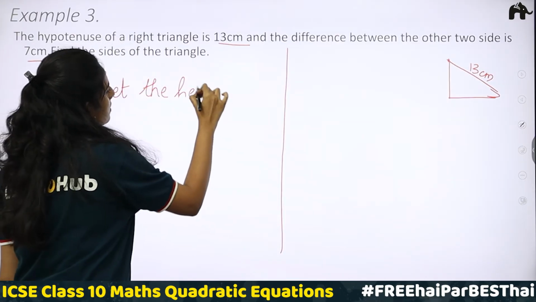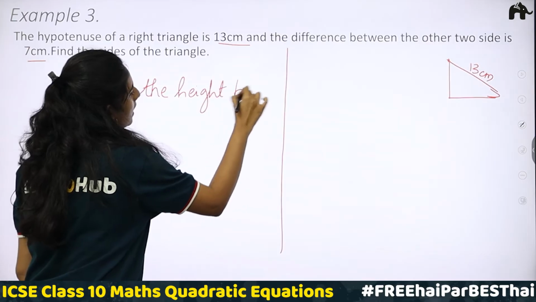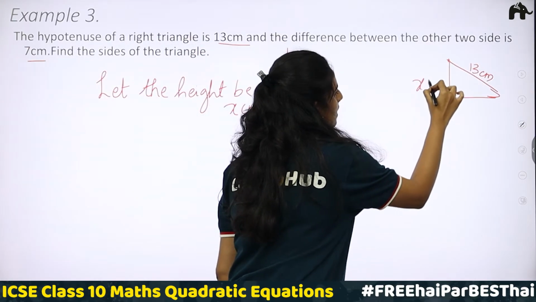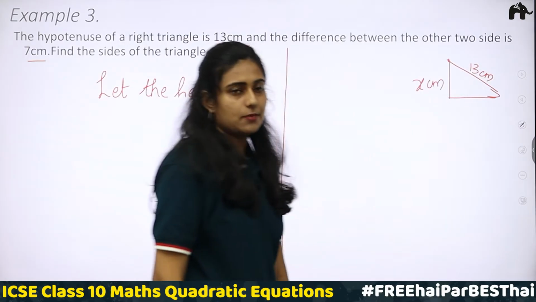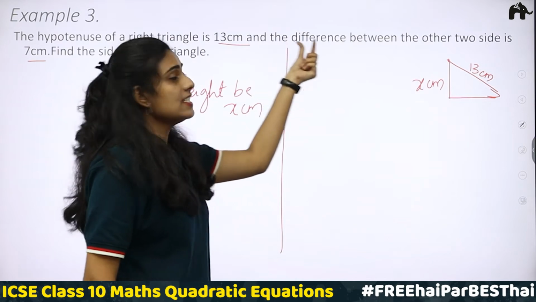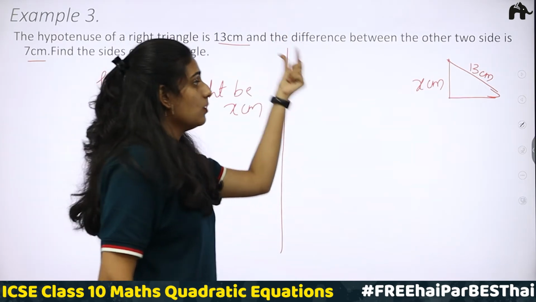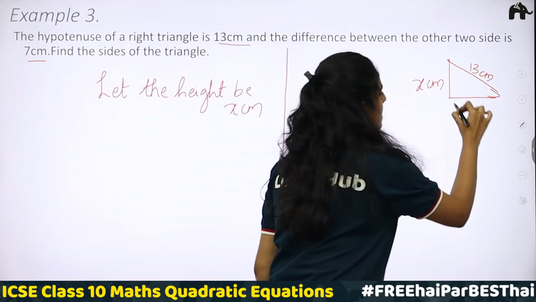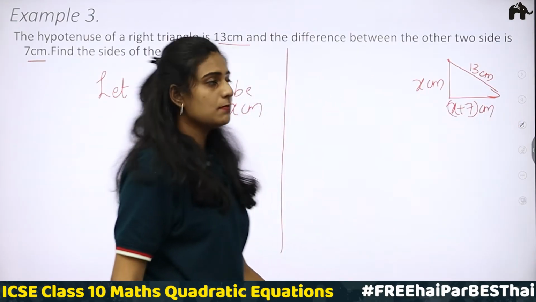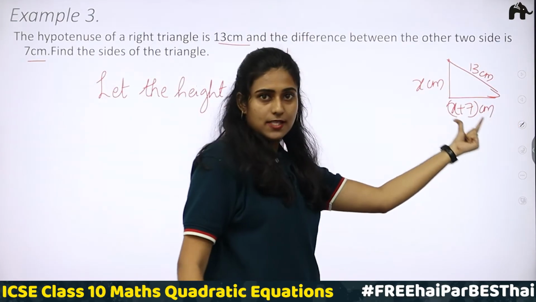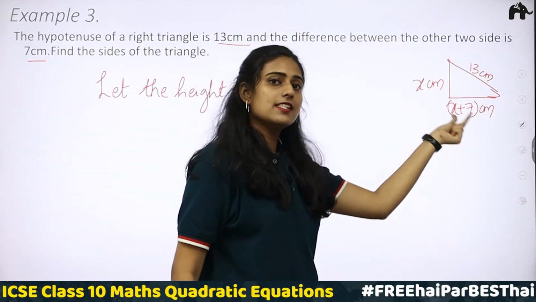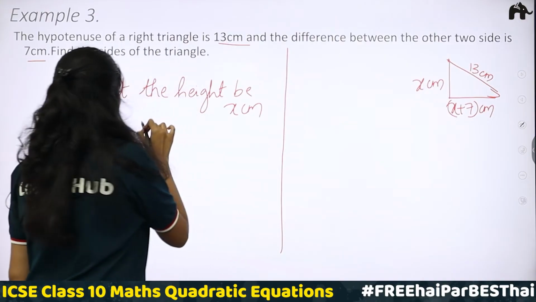Let the height be x centimeter. Okay, this is the height and I am taking height x centimeter. Now, if height is x centimeter, the difference is given 7 centimeter, which means I can take the base as x plus 7 centimeter. Yes, because if the base is x plus 7 centimeter and height is x centimeter, the difference between the sides is 7 centimeter.